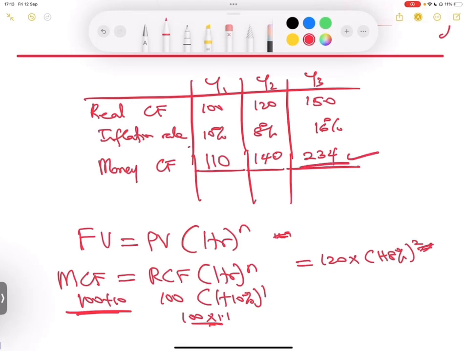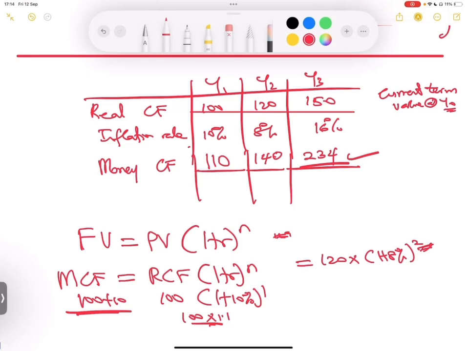So please remember what I'm actually trying to bring out is this raise to power. Don't just do one year inflation for second year, for third year, for fourth year. You need to remember that real cash flow means current terms as at now. So that's value at year 0.